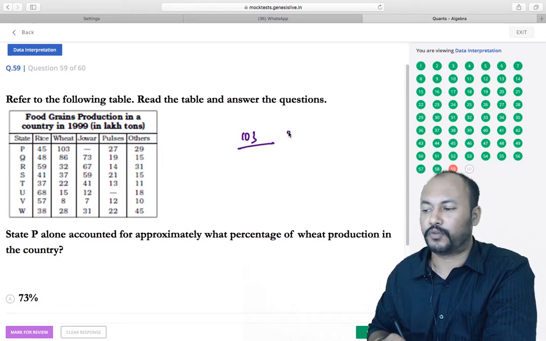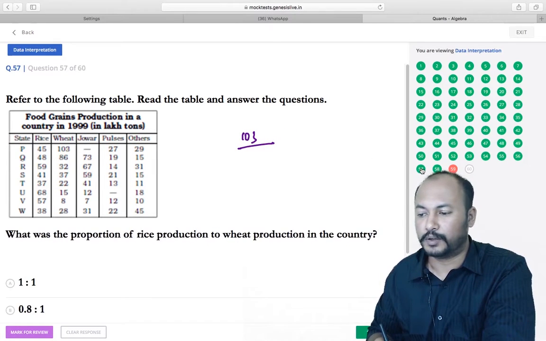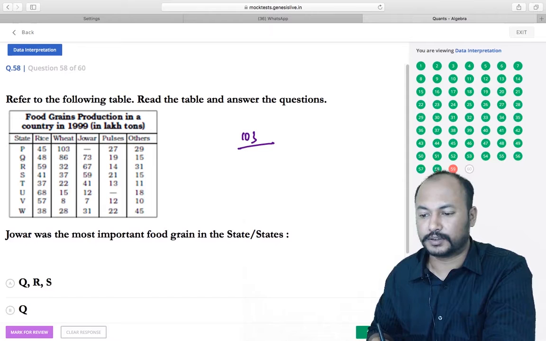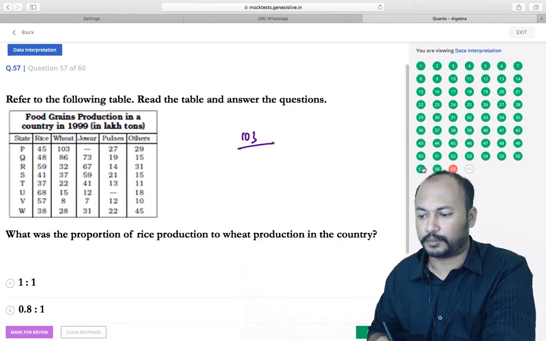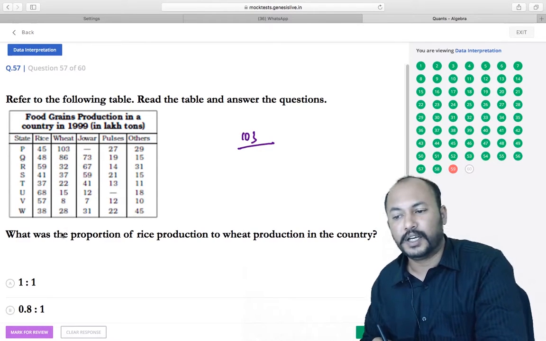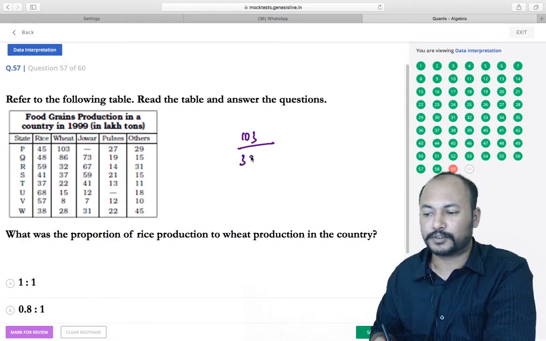If you remember the previous question, the proportion of rice and wheat, we had calculated the total. It was around 390 something, I guess.